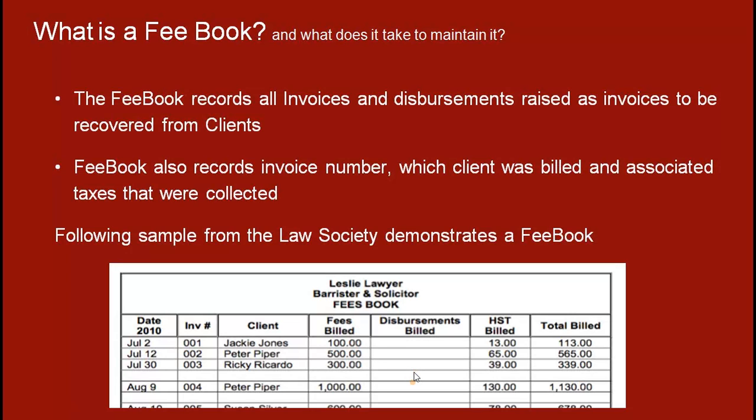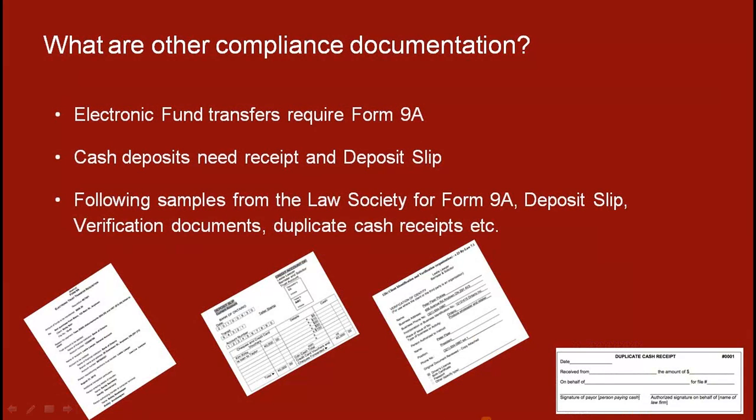Could be any disbursement. That way you're including the tax. If there's no HST involved, then you capture that as well. For a court fee, let's say it's tax exempt. That's $95. You would capture $95 as the disbursement billed with 0 HST. Okay? So that's captured within this document, which is the fee book.